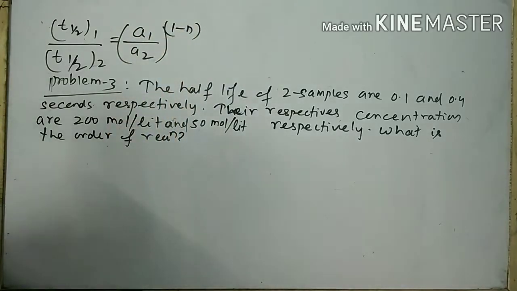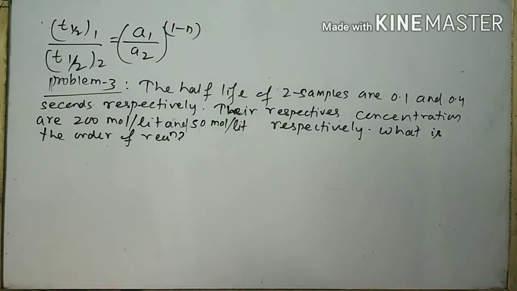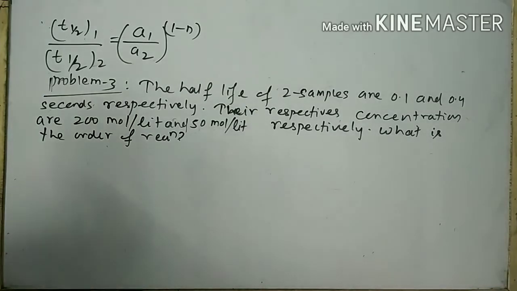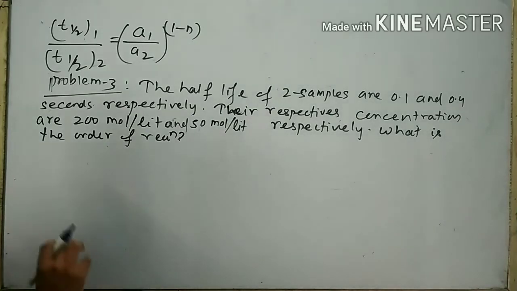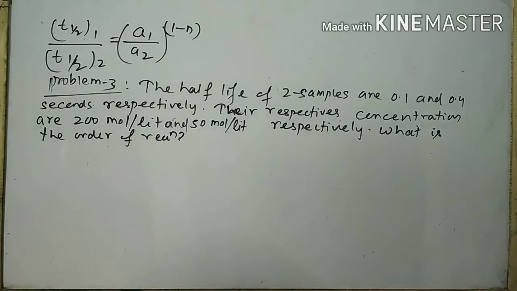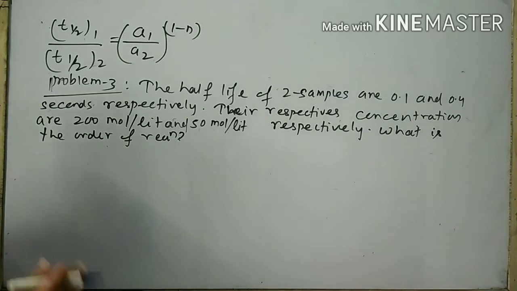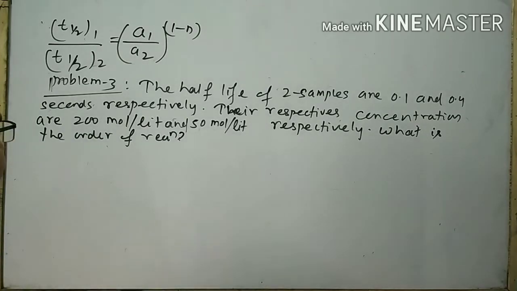Here n is the order of reaction. A1 is the initial concentration of sample 1, A2 is the initial concentration of sample 2. T half 1 is the half-life period for sample 1, T half 2 is the half-life period for sample 2.